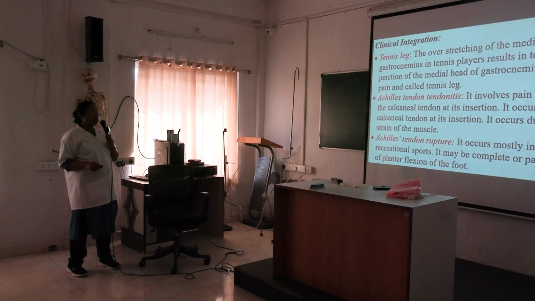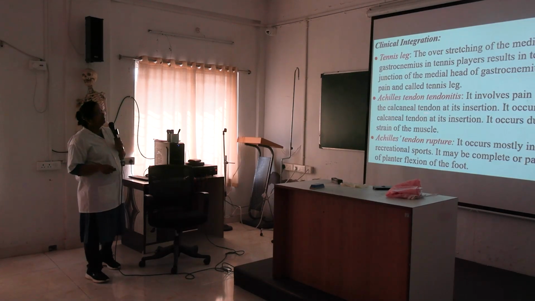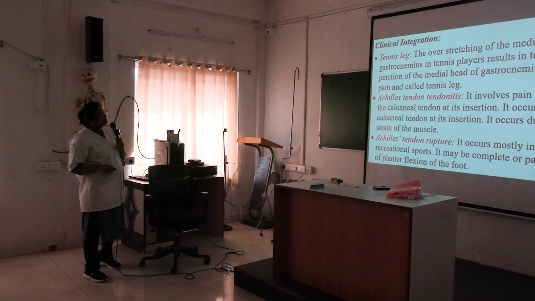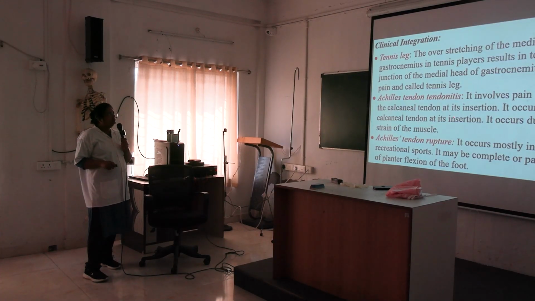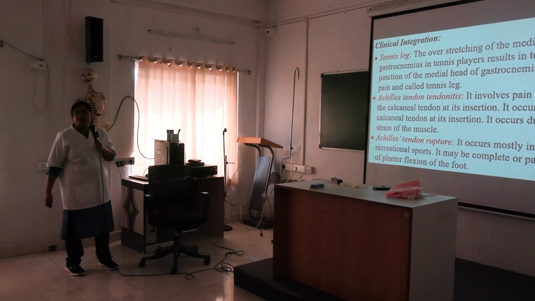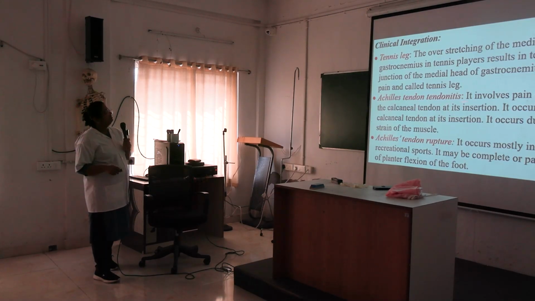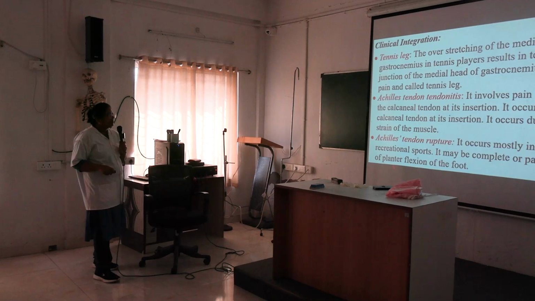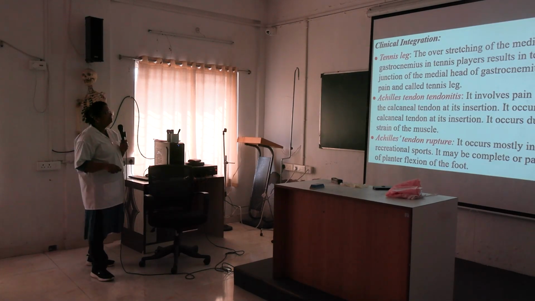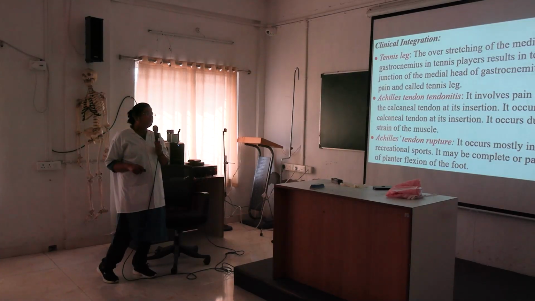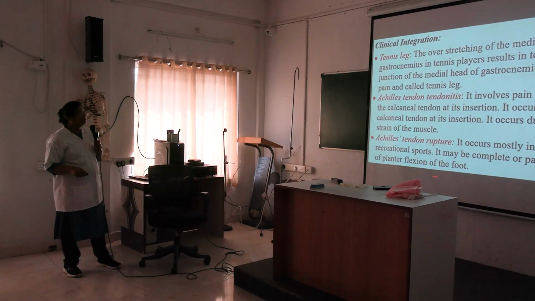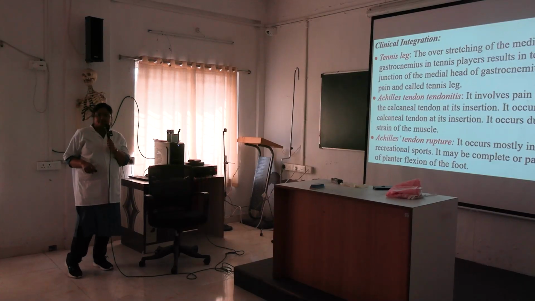It involves pain due to thickening of the calcaneal tendon at its insertion, and occurs due to repetitive strain of the muscle. Okay, that is Achilles tendon tendonitis. And Achilles tendon rupture mostly occurs in people playing recreational sports and may be complete or partial tear or loss of plantar flexion of the foot. Okay.